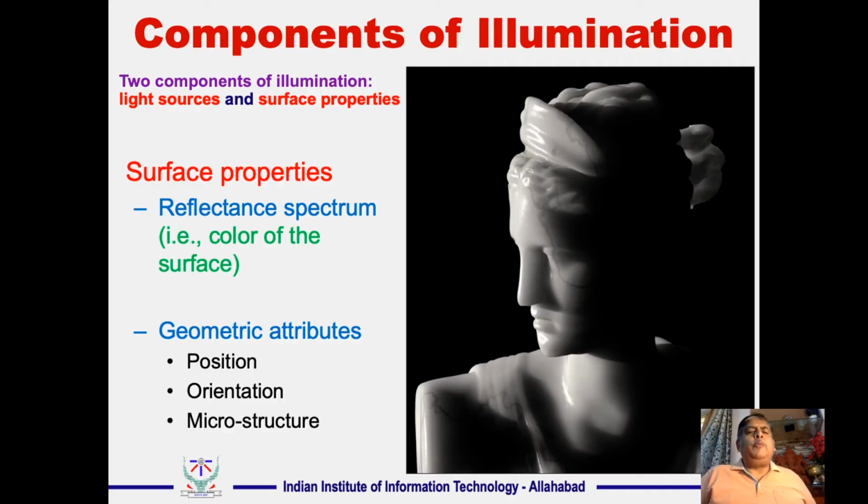We continue with the components of illumination, and we have seen that there are two components: light source and surface property. Let us now see the surface properties. The reflectance spectrum, the color of the surface, is important. It is about how the light is reflecting. It is possible that a white light touches different objects.